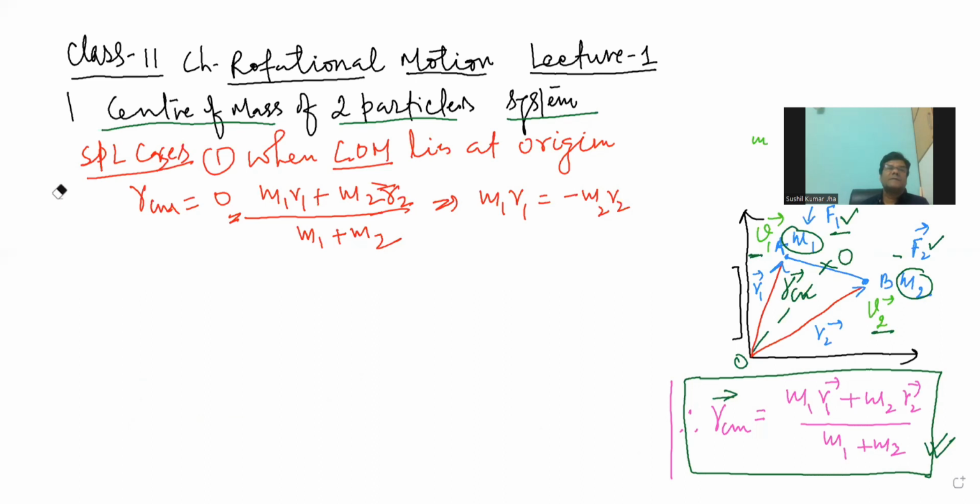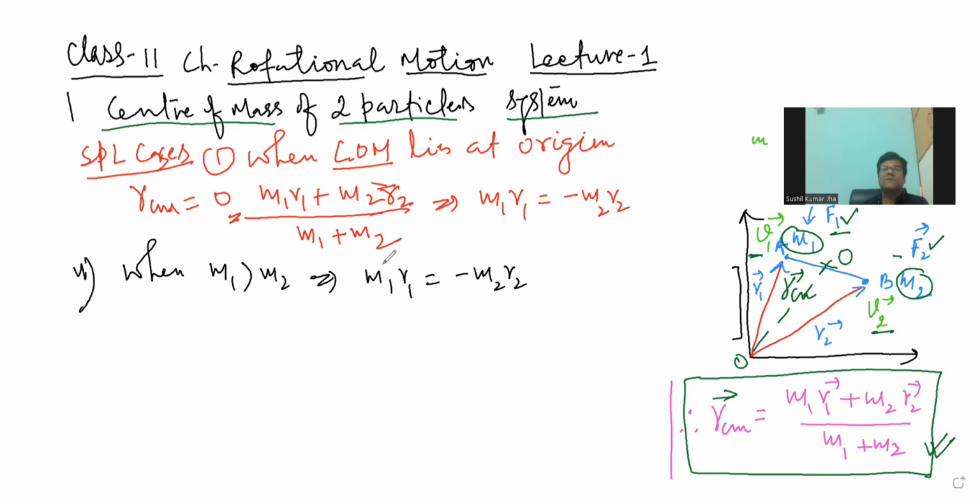Now if we take the second case, when m1 is more than m2. The previous expression, if we use, then it becomes the product m1 r1 is equal to minus of m2 r2.